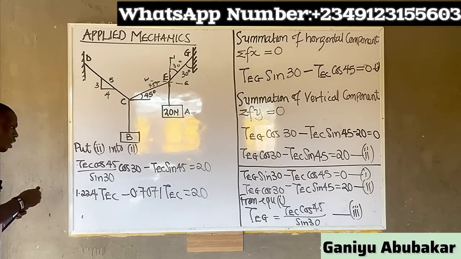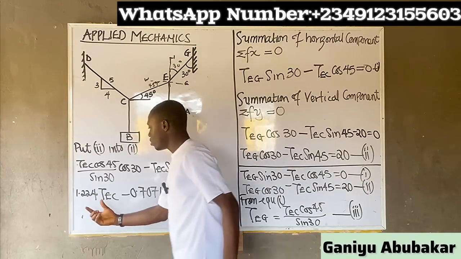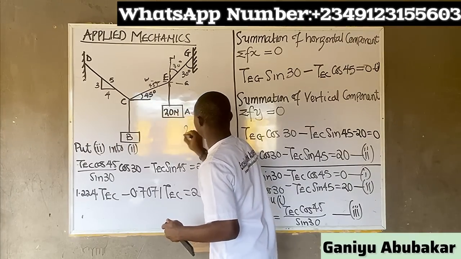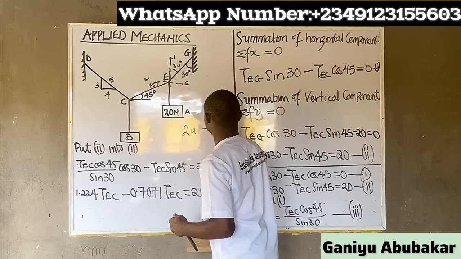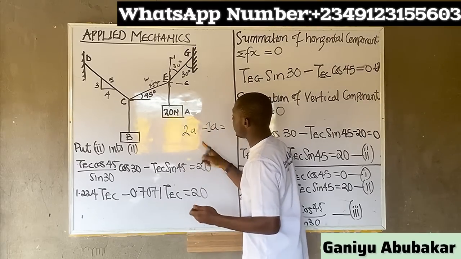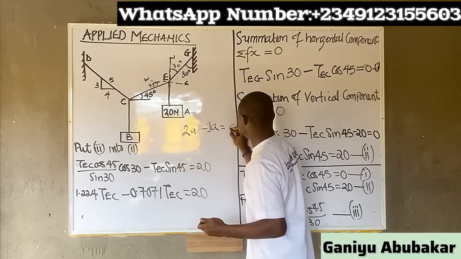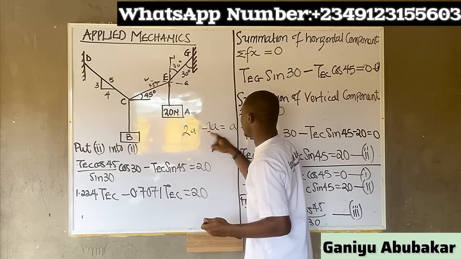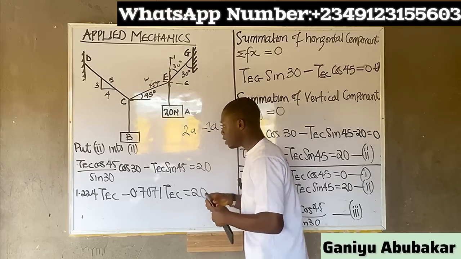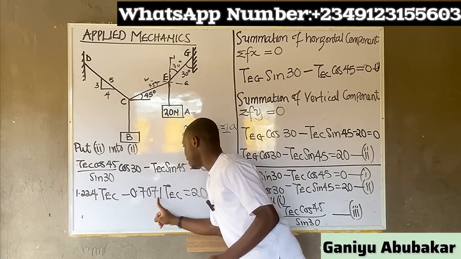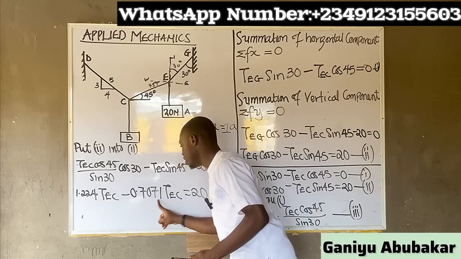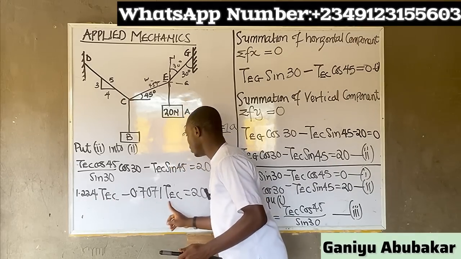From here, if I have 2a minus a, 1a, it's more like saying a and a is common. Write out your a out. 2 minus 1 gives you 1. Similarly, this and this, I'll subtract this number from this. This TEC is common with this TEC.